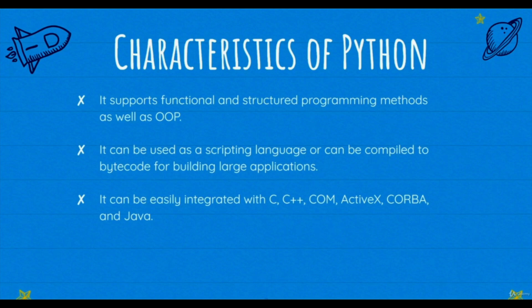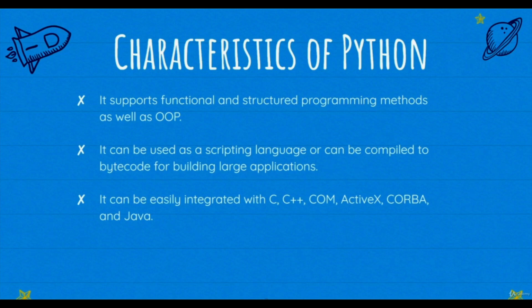A programming language that can model the real world is said to be object oriented. It focuses on objects and combines data and functions. Contrarily, a procedure oriented language revolves around functions, which are code that can be reused. Python supports both procedure oriented and object oriented programming, which is one of the key Python features.